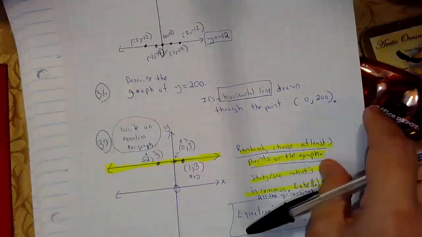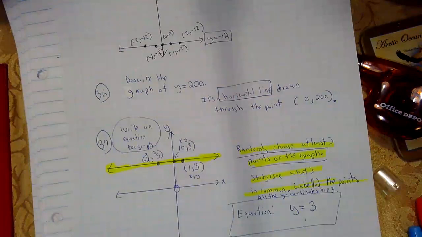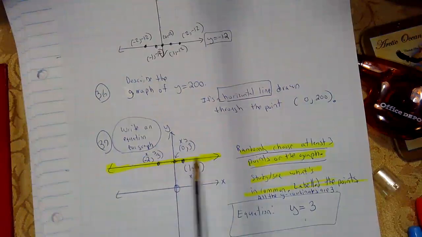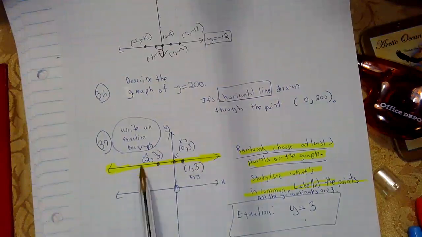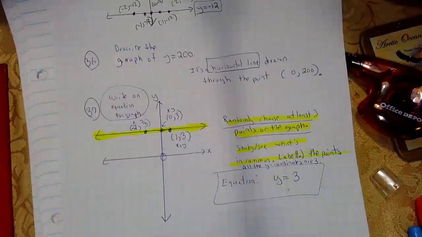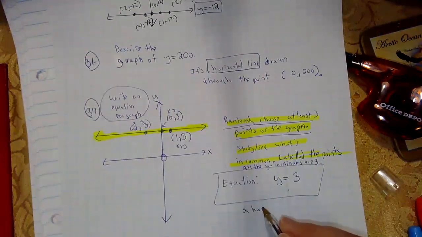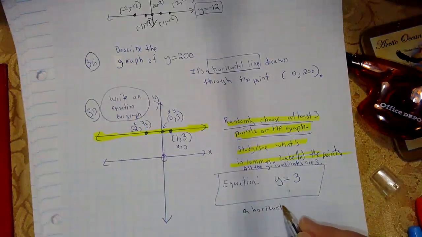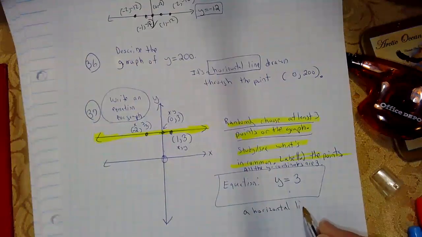So earlier, in a previous recording, we saw how this is a horizontal line right here for number 37. This happens to be a horizontal line.